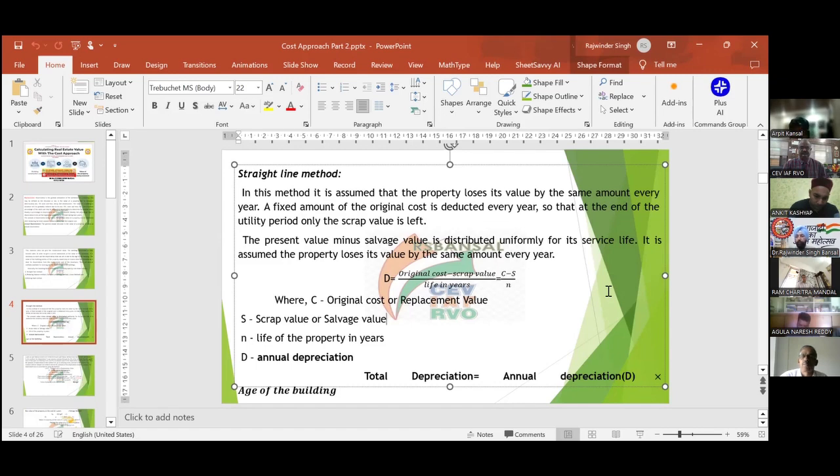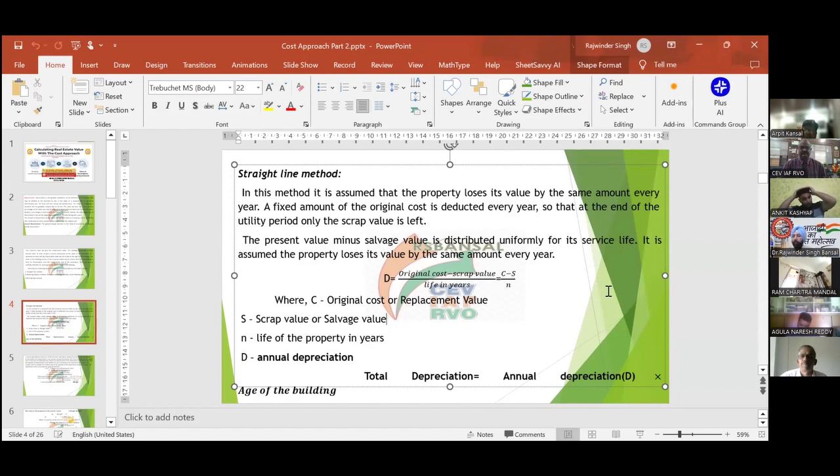In the case of industrial structures, where you have steel structures, you will get more value for steel. But if it is a very old building with open foundation and masonry structure, that will depend upon the type of construction also. It is for you to decide how much salvage it will get. Basically, no particular value has been given.